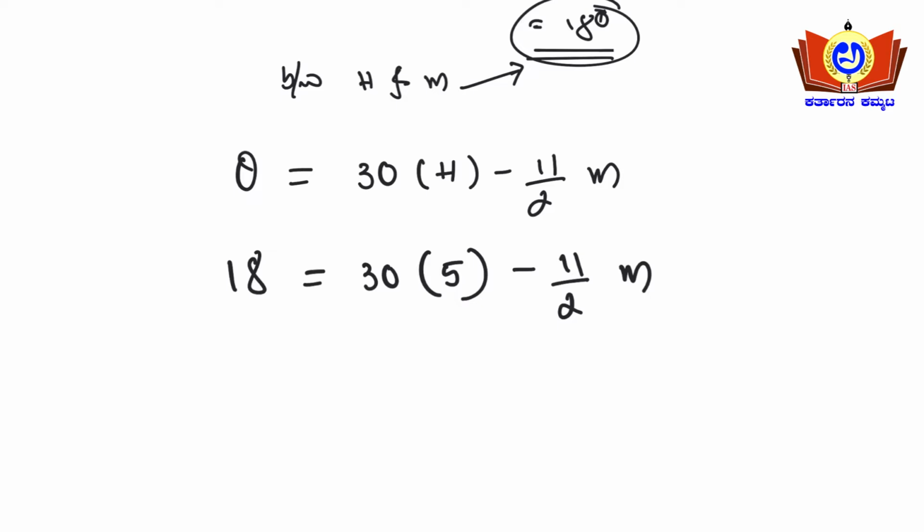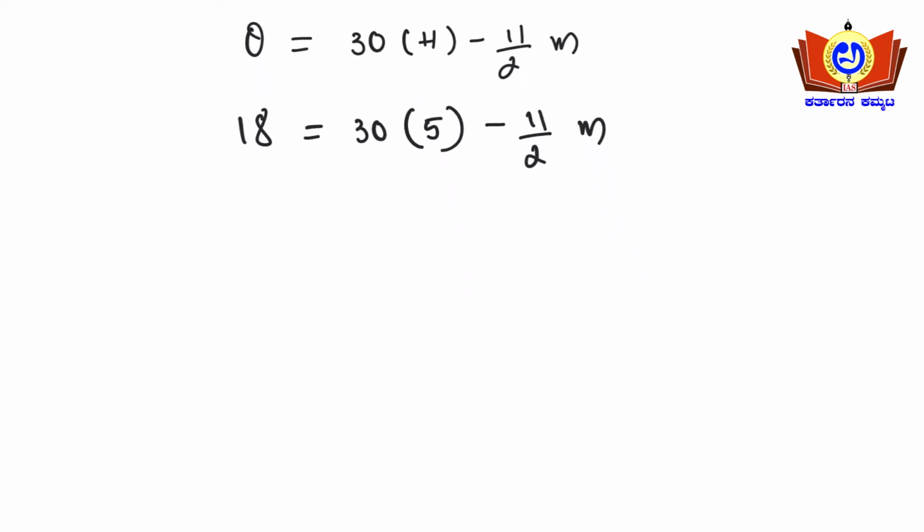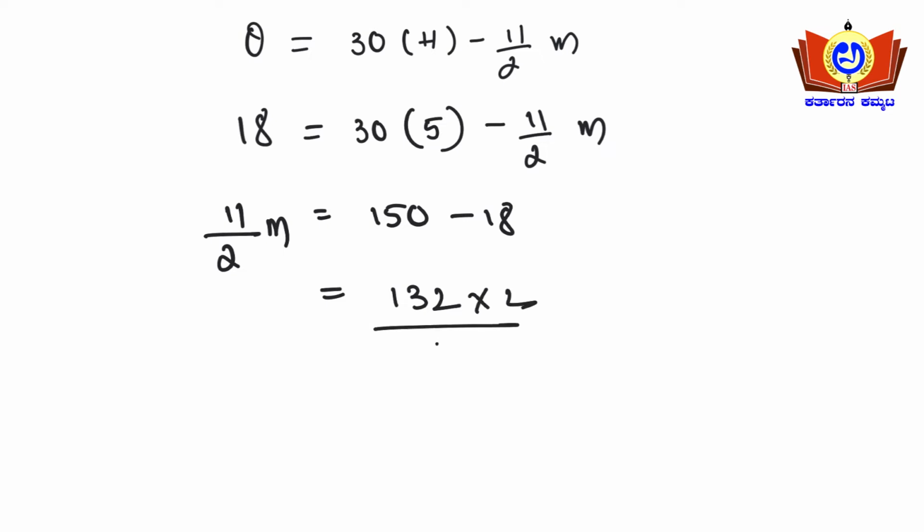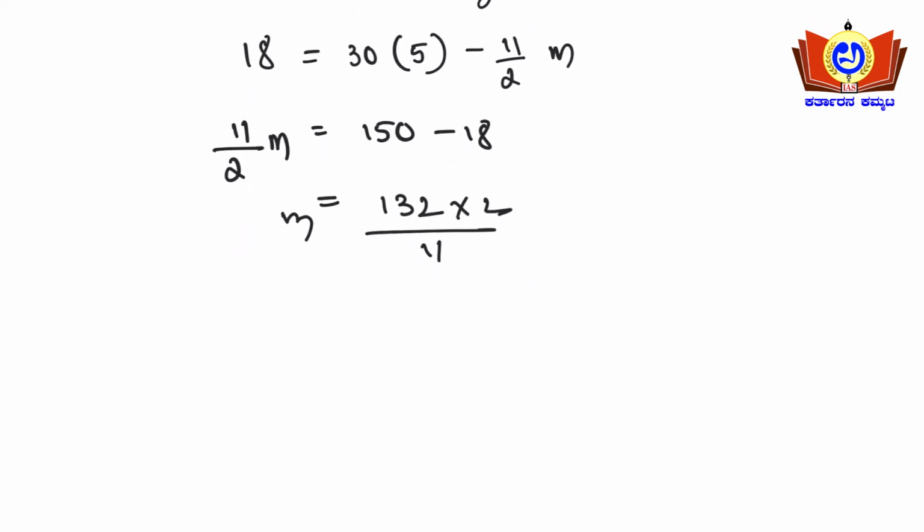We need to calculate m here. So 3 fives are 15, that is 150, and minus 11 by 2 m I'll take to the left hand side, so 11 by 2 m will be equal to 150 minus 18. So 150 minus 18 is 132, into 2 upon 11, that will be equal to m here. 132 into 2 by 11, this is the m here.